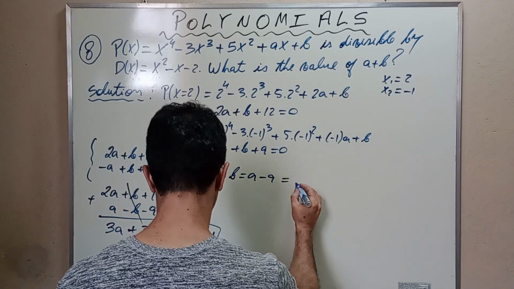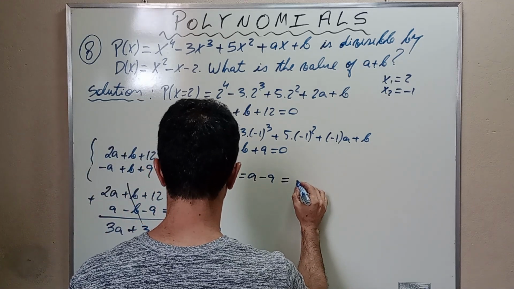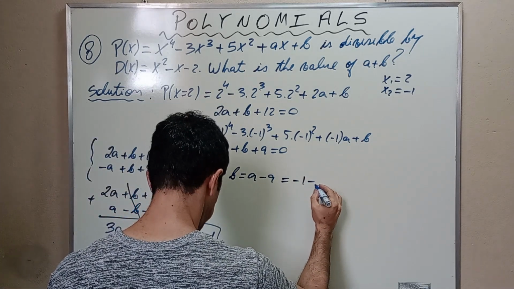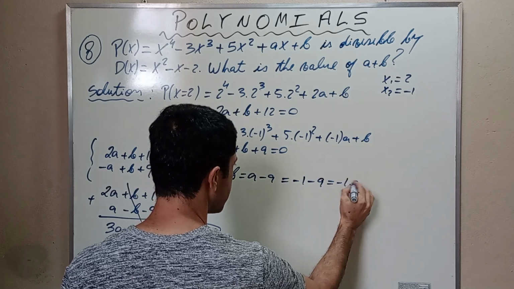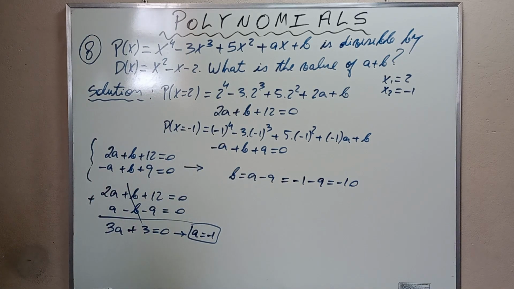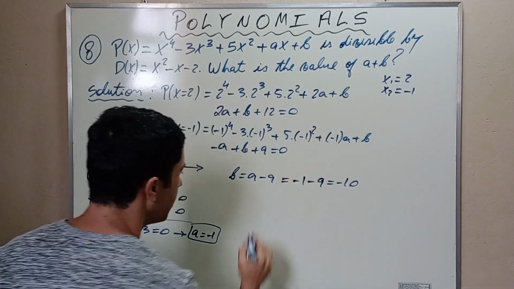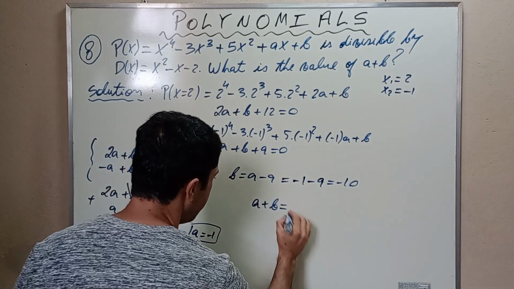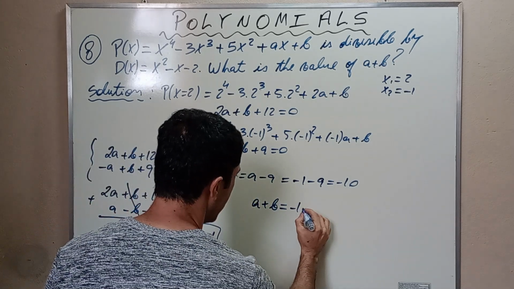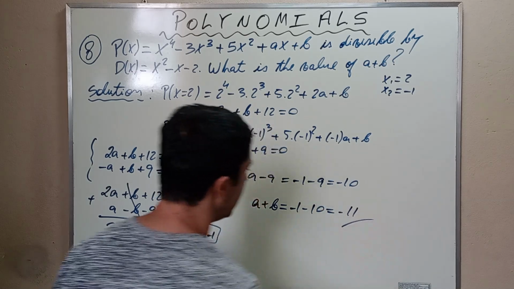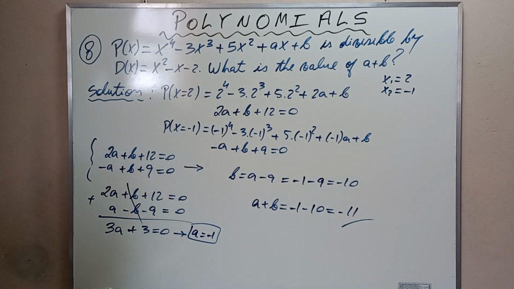So a is -1, and b is -10. Okay? These are the values of a and b. But the exercise wanted a plus b. a plus b is equal to -1 minus 10, and this is equal to -11. Alright? And this is the solution of exercise number 8.